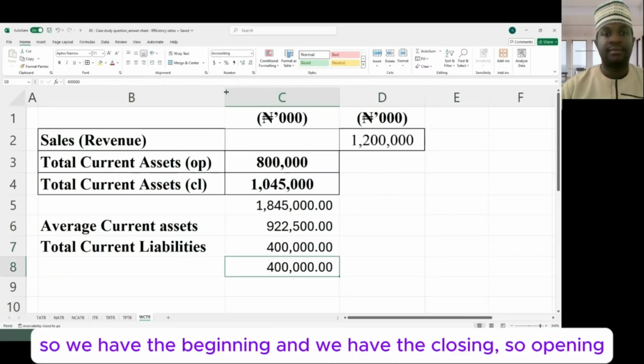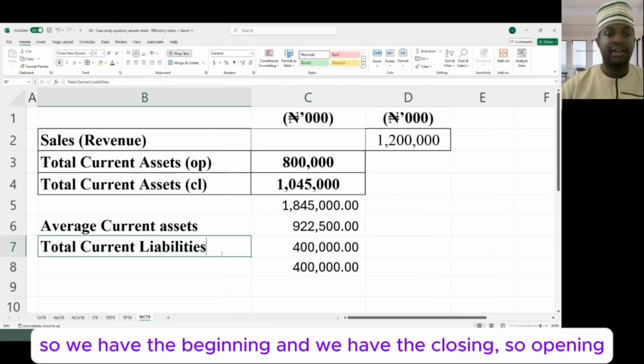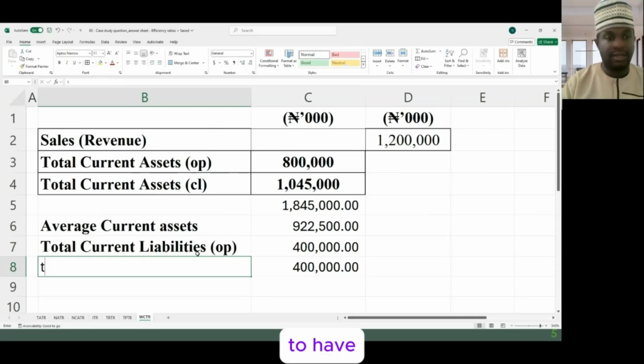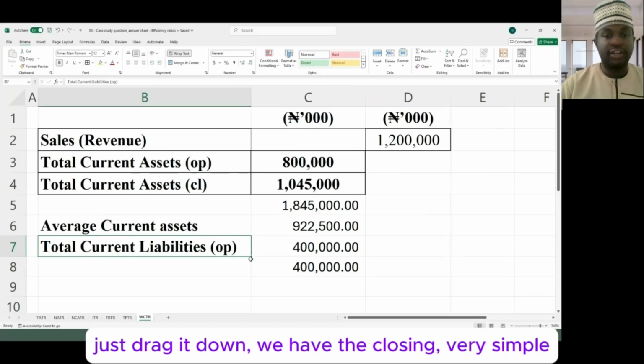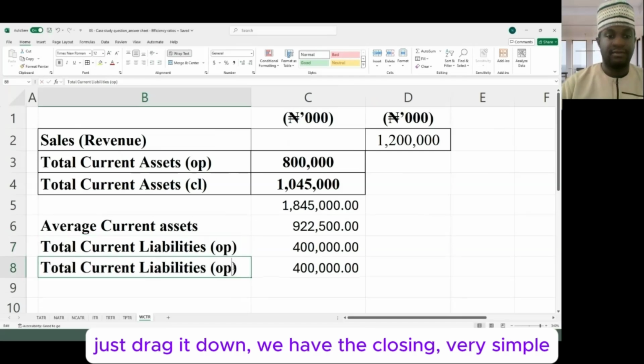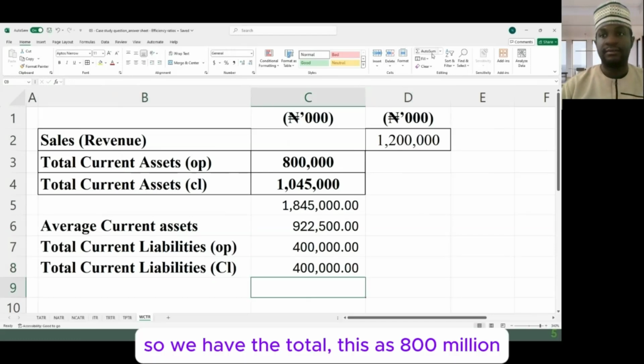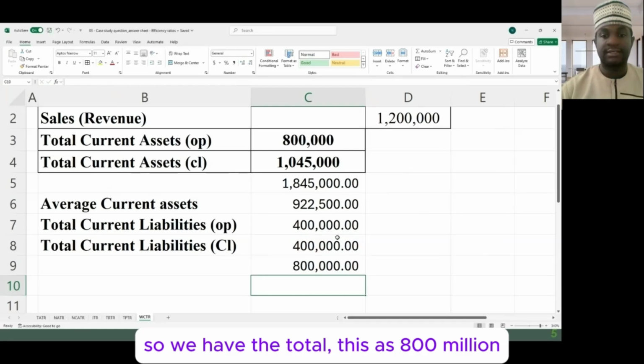So we have the opening, and just drag it down, we have the closing. Very simple. So we have the total as 800 million.